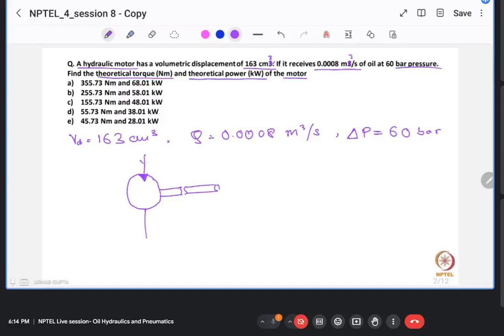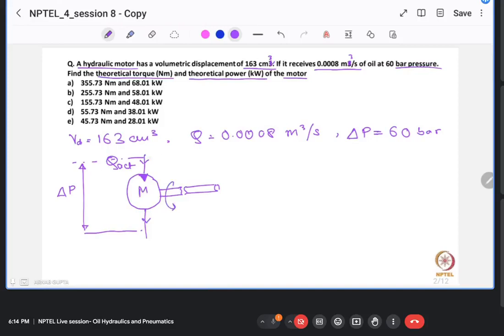What you are seeing is that there is some hydraulic fluid which is coming into the motor and it is running across a delta P. So the fluid that is coming in is coming at a particular flow rate, and it is a pressurized fluid. And yes, the shaft of the motor is rotating.